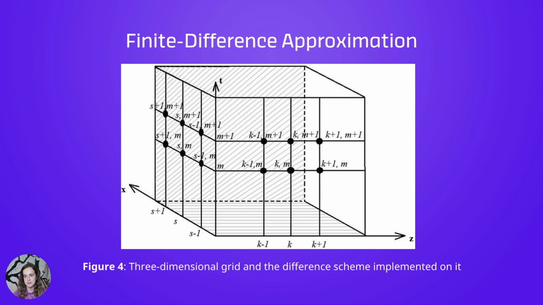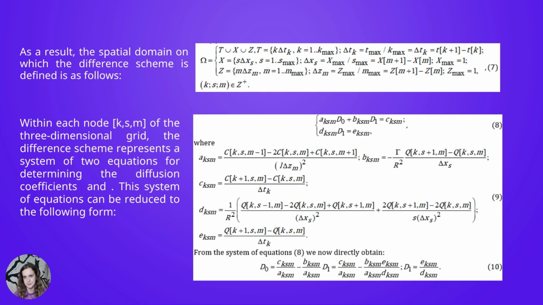The method iteratively adjusts the diffusion coefficients at each point on the grid to reduce the difference between the calculated and experimental concentration values. This approach keeps the solution accurate and stable while ensuring efficient calculation. On figure number 4, you can see the three-dimensional grid and the difference scheme implemented on it.